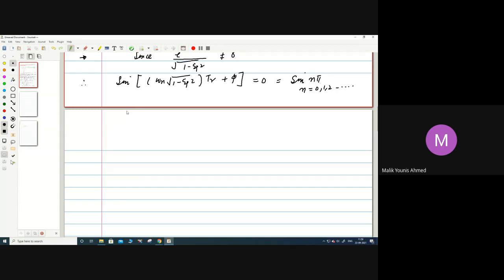Sine and sine get cancelled. So what will be left is omega n under root of 1 minus xi square into tr plus phi, equal to n pi, and the value of n will vary from 1, 2, 3 up to higher numbers. But you can see the graph here.